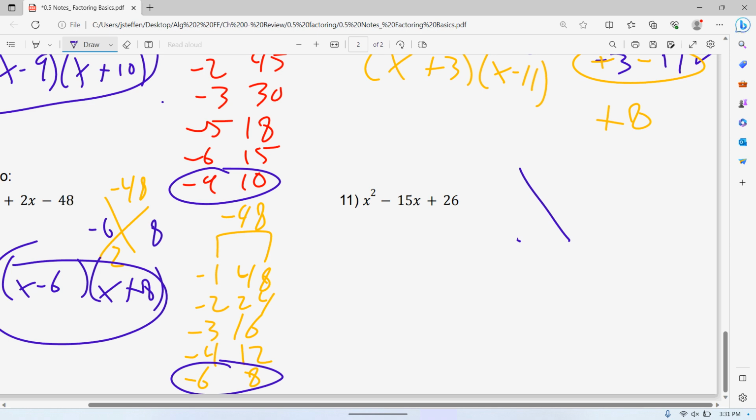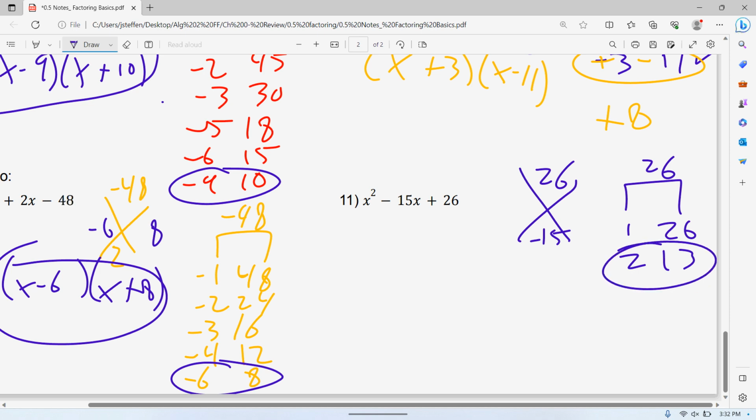Last but not least, factors of 26 that add up to be negative 15. Oops, sorry. 1 and 26. 2 and 13. 3 doesn't work. 4 doesn't work. 5 doesn't work. 6. I think that's it.